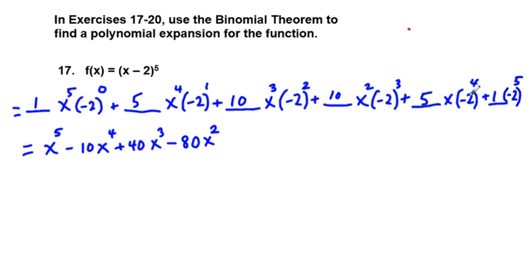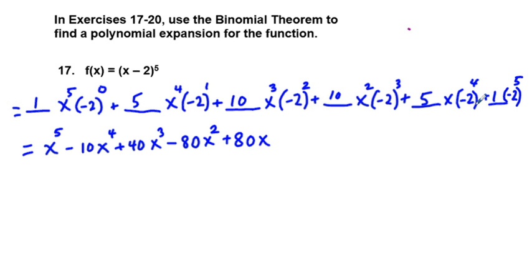And then this one here, we're going to have a negative 2 to the power of 4, which is going to be positive 16. 16 times 5 is 80, so we're going to have plus 80x to the 1st power, right?